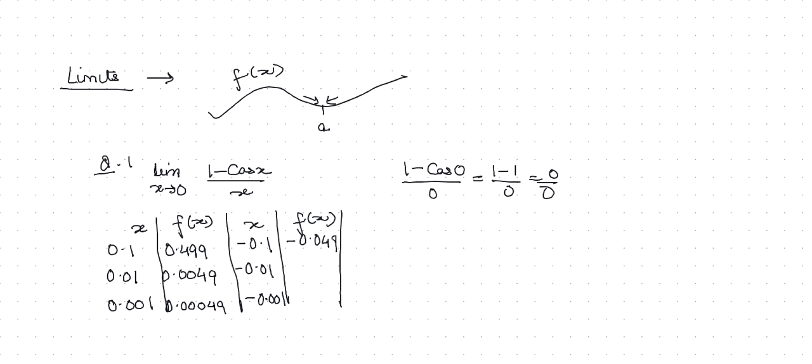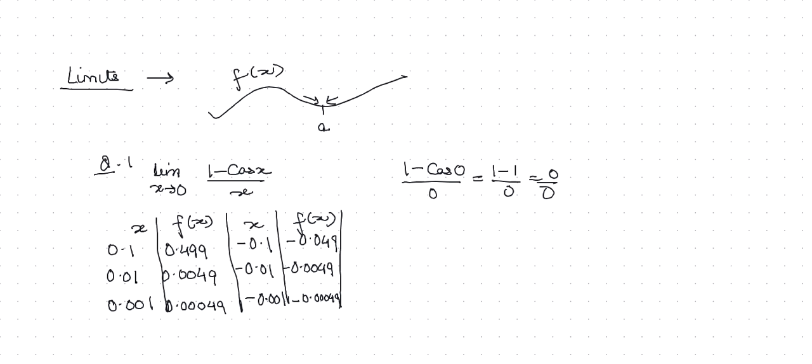And if it is negative 0.01, it would be negative 0.0049, and this would be negative 0.00049.